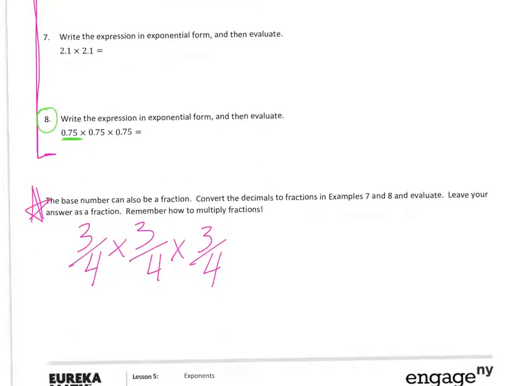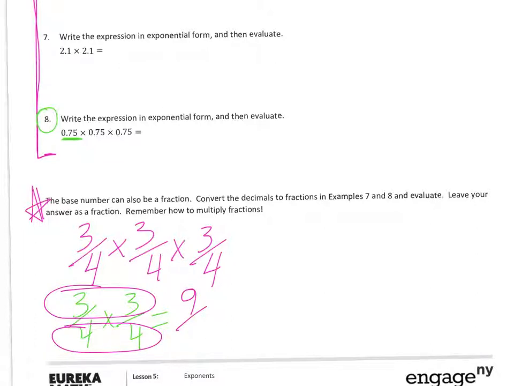So I'm going to start with just the first, 3/4 times 3/4. And I know for fractions that multiplying them is easy because I just multiply across. 3 times 3 is 9. 4 times 4 is 16. So that's 3/4 times 3/4. Now I'm going to do it again. Times another 3/4.